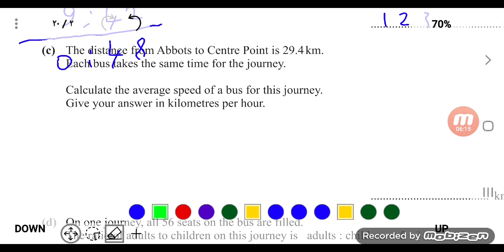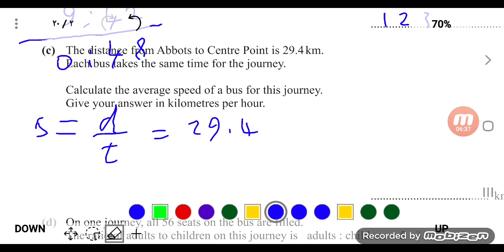Okay, now average speed is equal to total distance over total time. Speed equals distance over time. The distance is given to us in the question, 29.4 kilometers divided by the time.